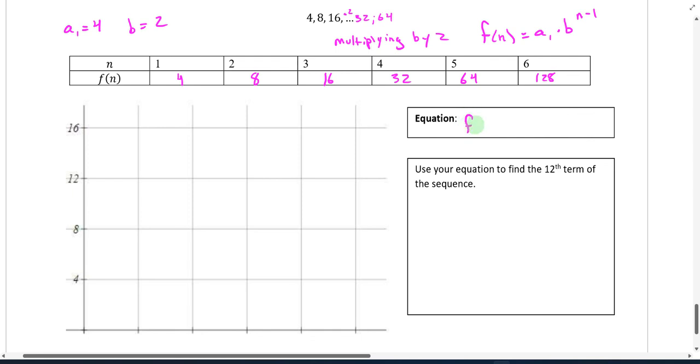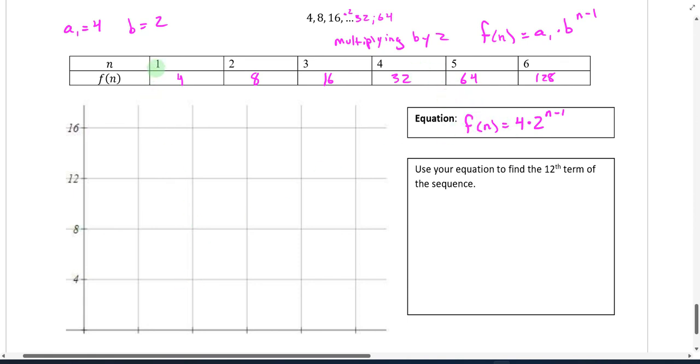So I'm going to say f of n equals a sub 1, which was 4, times b, that's what we're multiplying by, it's 2. So 4 times 2, but the 2 is going to be raised to the n minus 1. There's our equation. Okay, so we got our table, we got our equation.